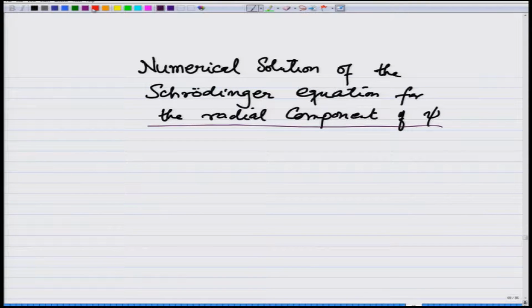So, you recall that the Schrodinger equation for 3-dimensional potentials was like this: V as a function of only r, no vector, which is for the spherically symmetric potential, and this operating on psi gave you E psi.